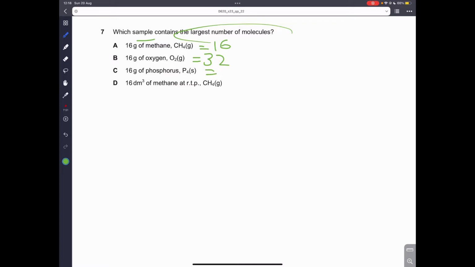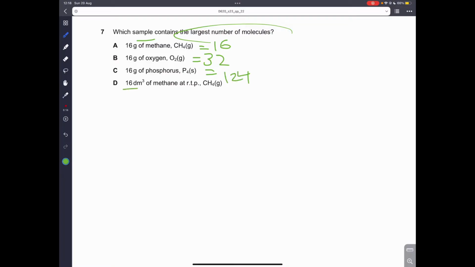Phosphorus MR is around 31, so 31 times 4 is around 124.